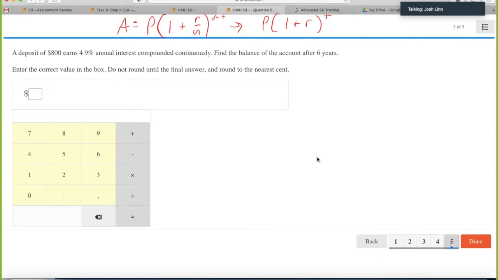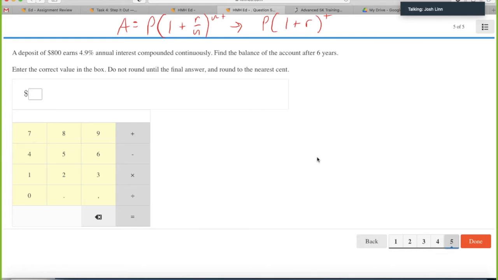All right, a deposit of $800 earns 4.9% annual interest compounded continuously. Find the balance of the account after 6 years. Enter the correct value in the box. Do not round until the final answer, and round to the nearest cent.